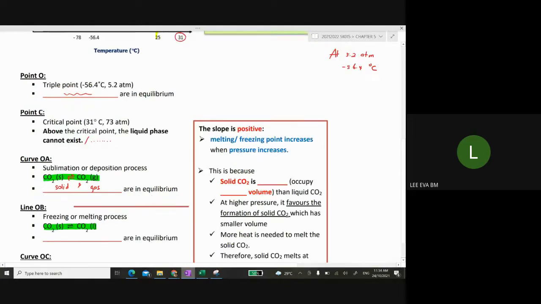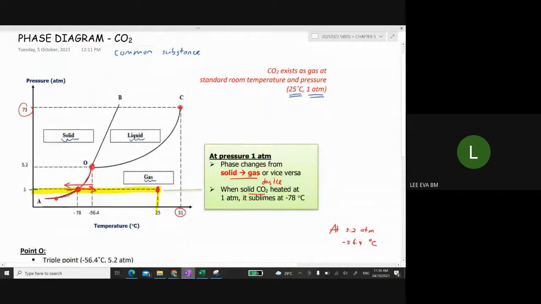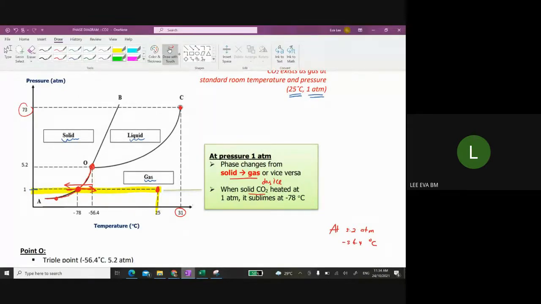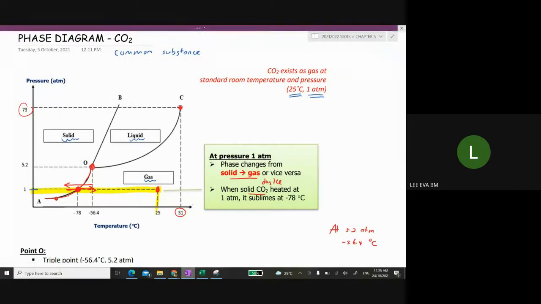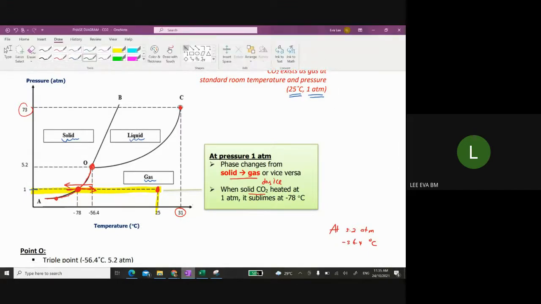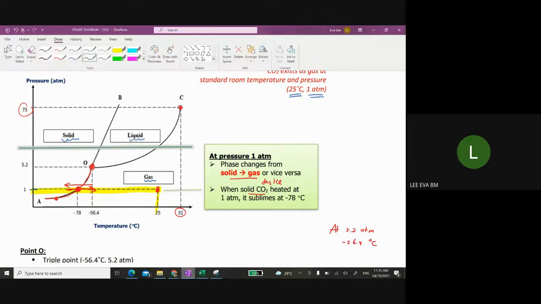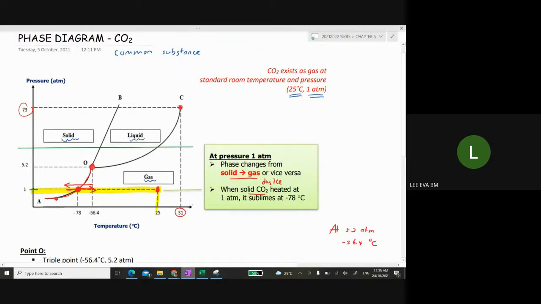Okay, so if you're done filling in the blanks, let's look at the phase diagram again. Now let's say Madam draws one line over here, using a different color. Okay, say I draw one line over here, and I fix my value of pressure. Let's say I have 15 atm.